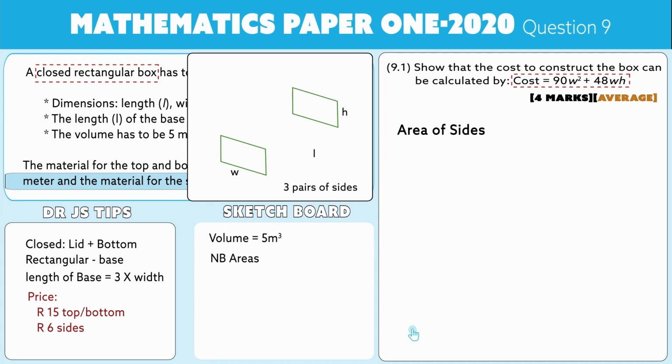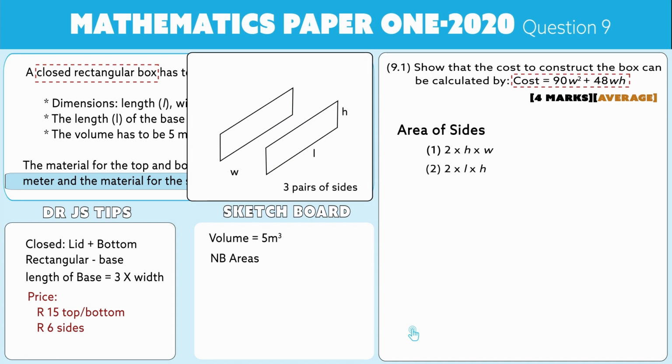The area there is height times width, so there's 2 of those, height multiplied by width. Then secondly, there's the length times the height sides, and there's 2 of them, so 2 times the length multiplied by the height. The third is the lid at the top and the bottom.